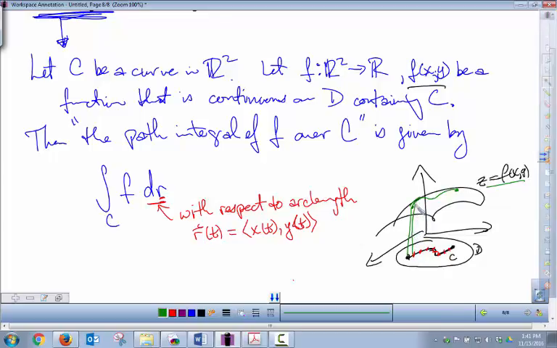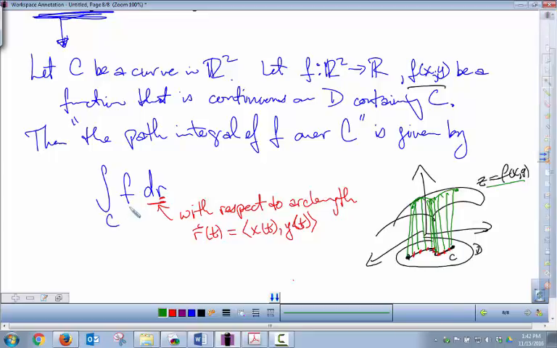Well, you can imagine there's maybe a fence whose height is dependent on the surface up on top, and then whose shape is dependent on the curve down below.